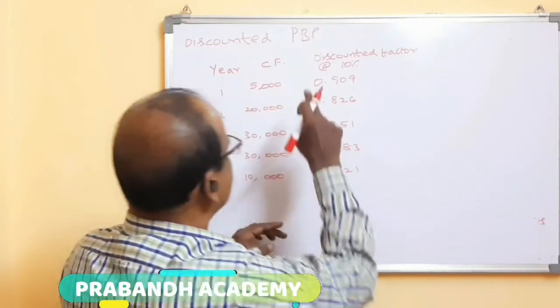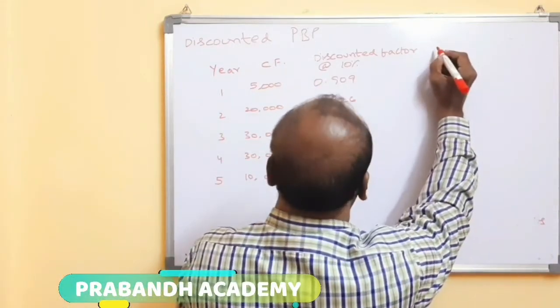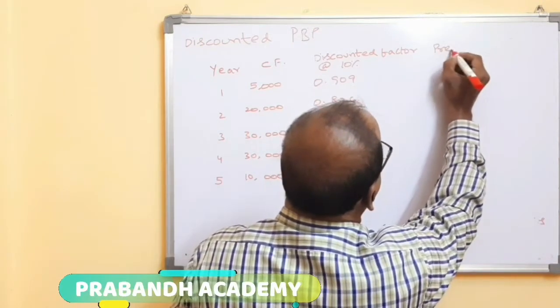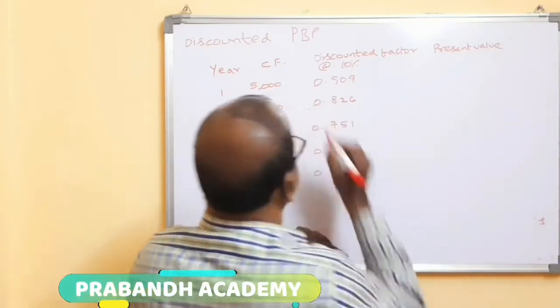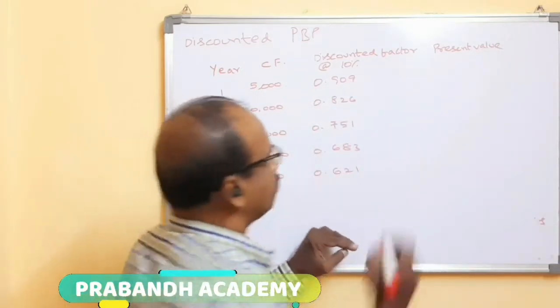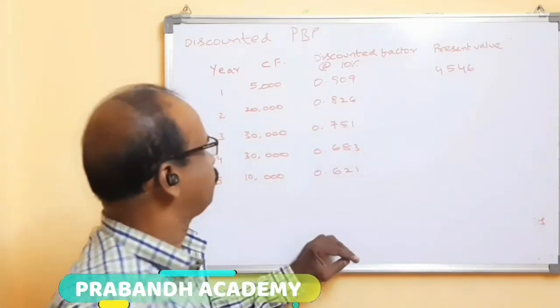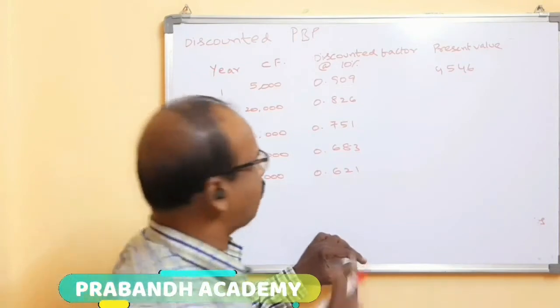Now we calculate 5,000 into 0.909, we get 4,546. 20,000 into 0.826, we get 16,530.